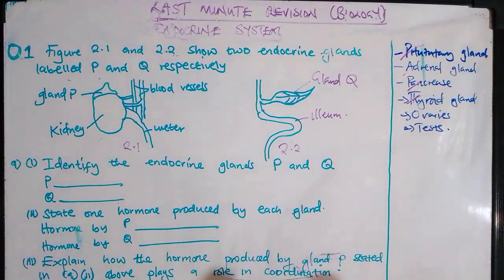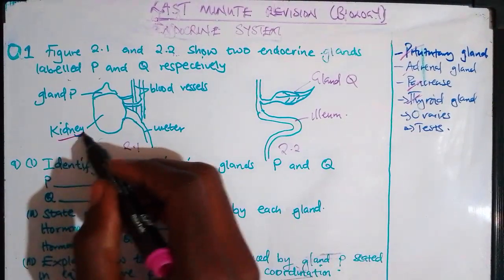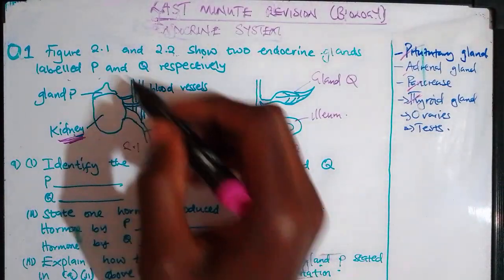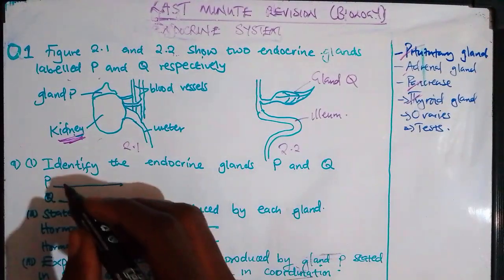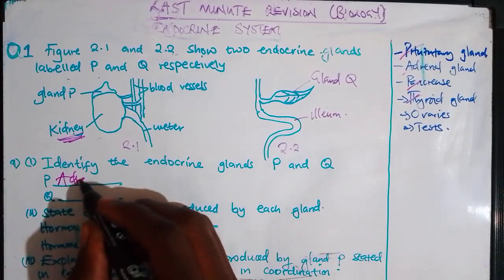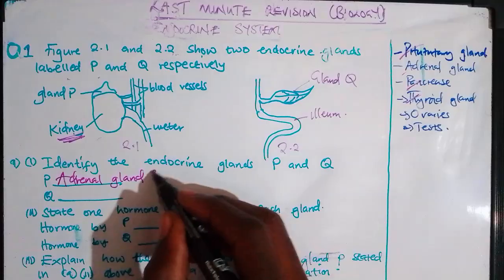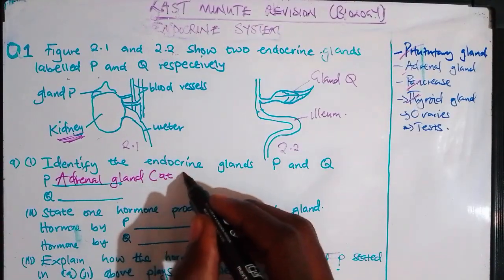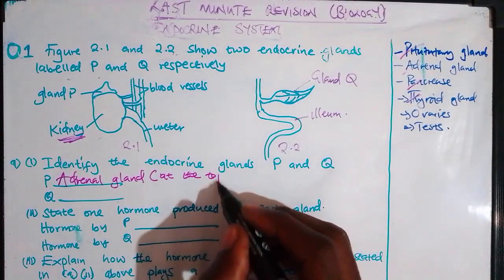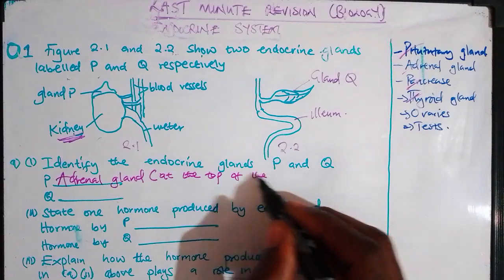So we have our first gland, which is the adrenal gland. I said the adrenal gland is located at the top of the kidney. So if we see that these are kidneys, meaning our gland P is the adrenal gland, which is at the top of the kidney.